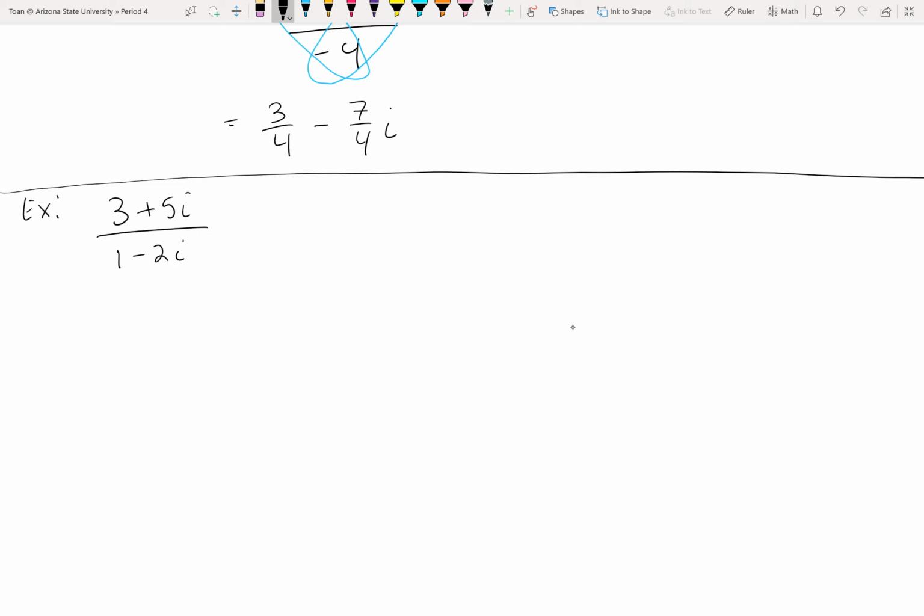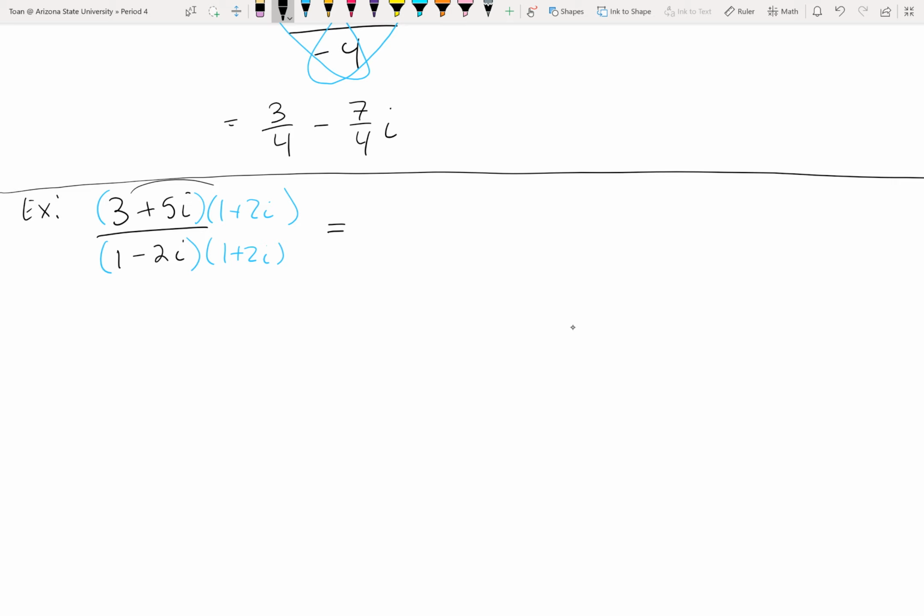The idea when you want to rationalize a binomial, now this is the time to say it, Patrick, is to multiply by the conjugate. 1 plus 2i, 1 plus 2i. And then you just go ahead and distribute, or FOIL if you call it, and then you're done.